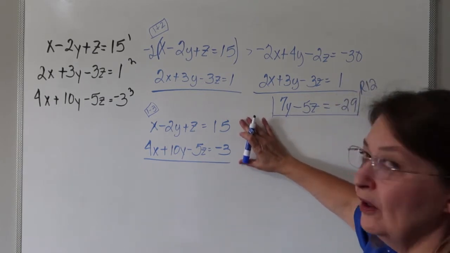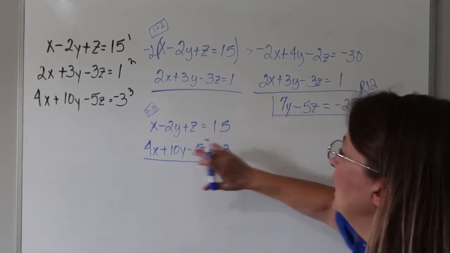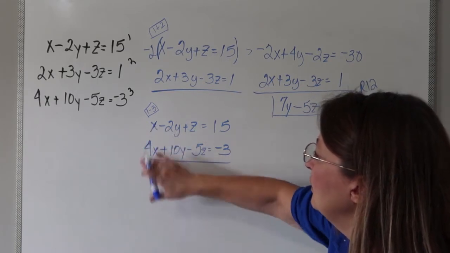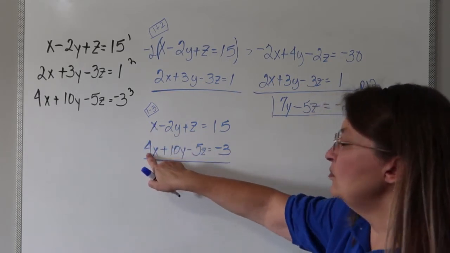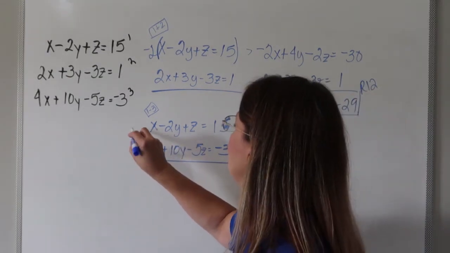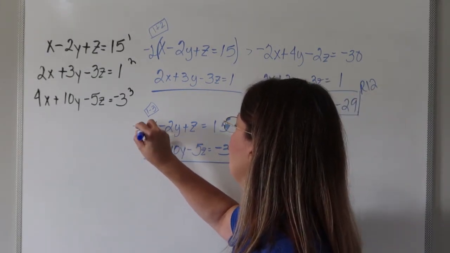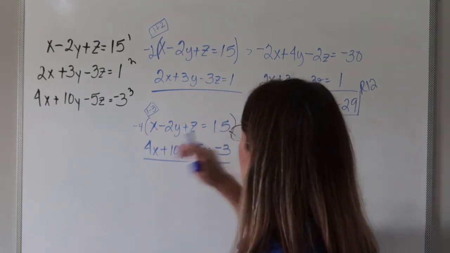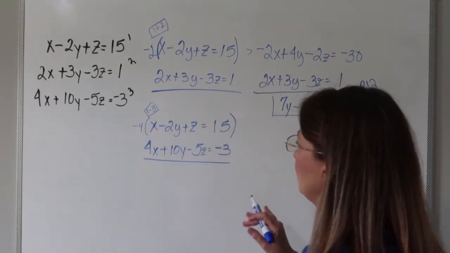Okay, the second pairing, which is R1 and 3, I need to eliminate the x's again. Now this one has a positive 4, so to make this have a negative 4 coefficient, I'm going to multiply it times negative 4. And I'm going to need to multiply that all the way through.